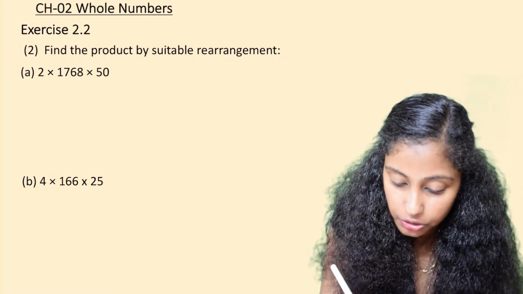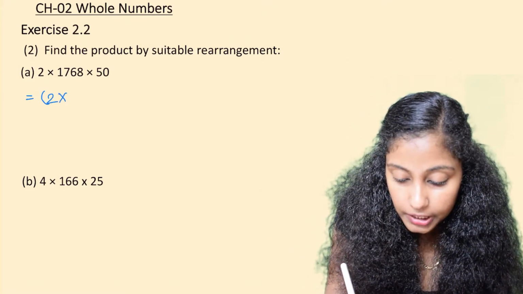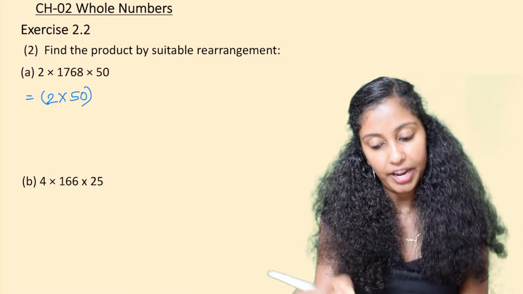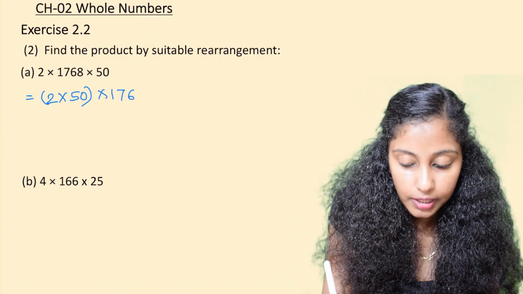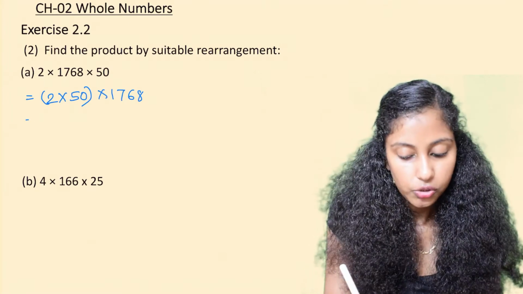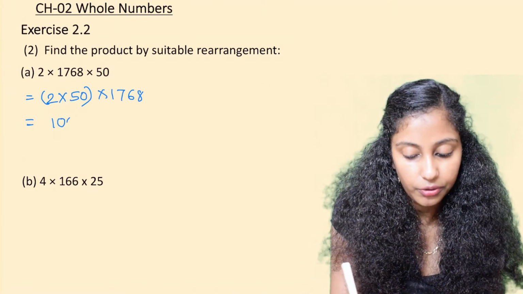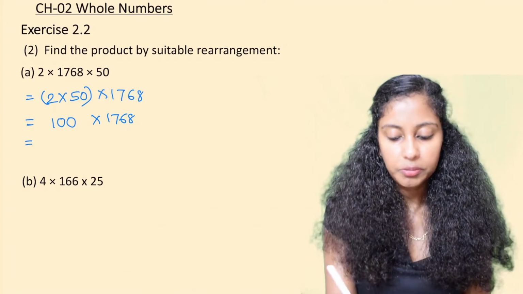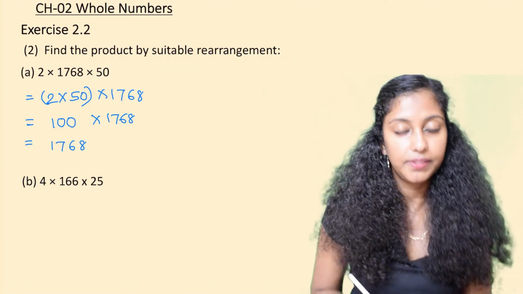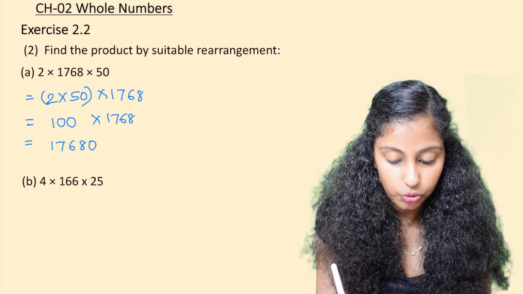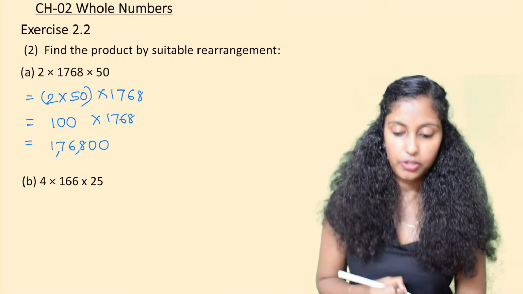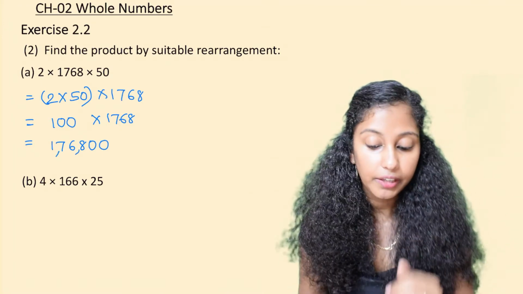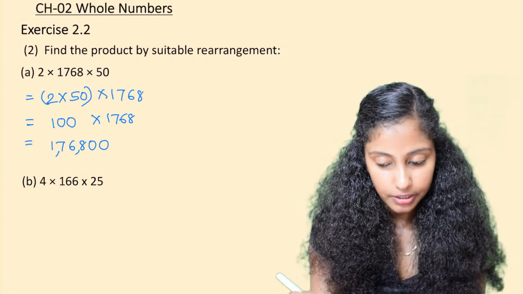We take 2 and 50 in one bracket, multiplied by 1768. 2 multiplied by 50 is 100, multiplied by 1768. 1 multiplied by 1768 is the same, and then we write 2 zeros. So here we have used associativity and even the multiplicative identity.